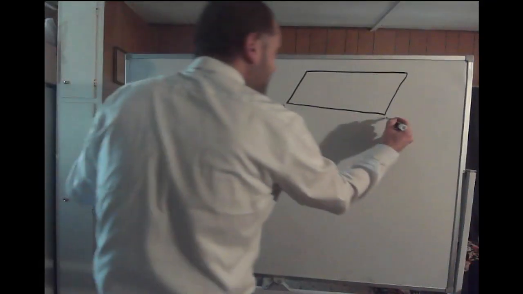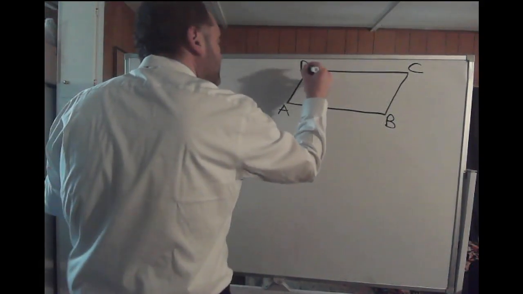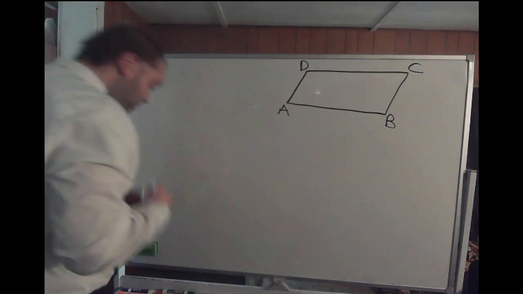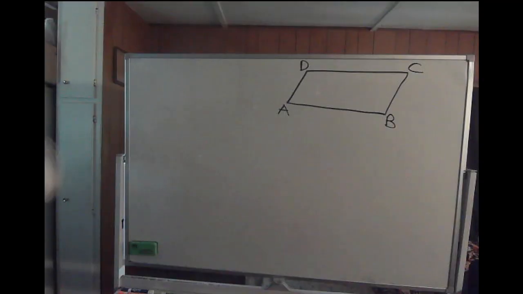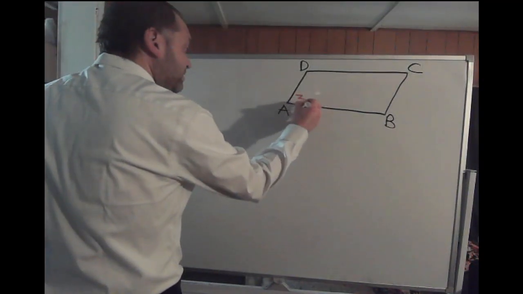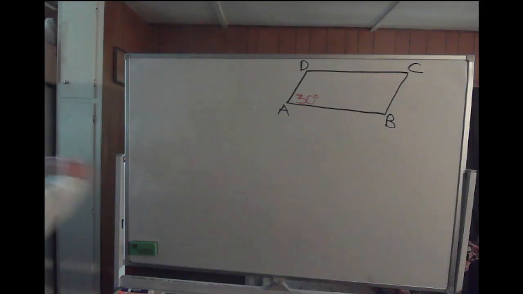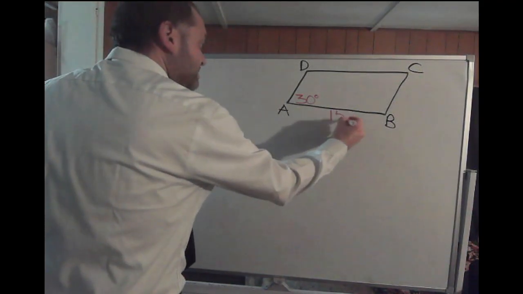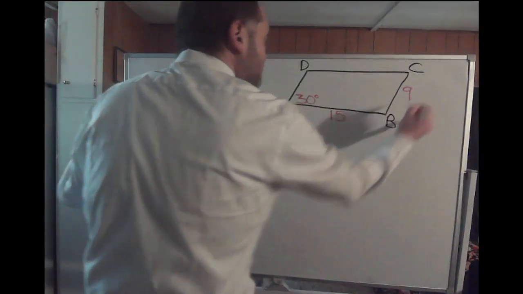Parallelogram A, B, C, and D. Angle A is 30 degrees. They give you the length of AB is 15. They give you the length of BC is 9.